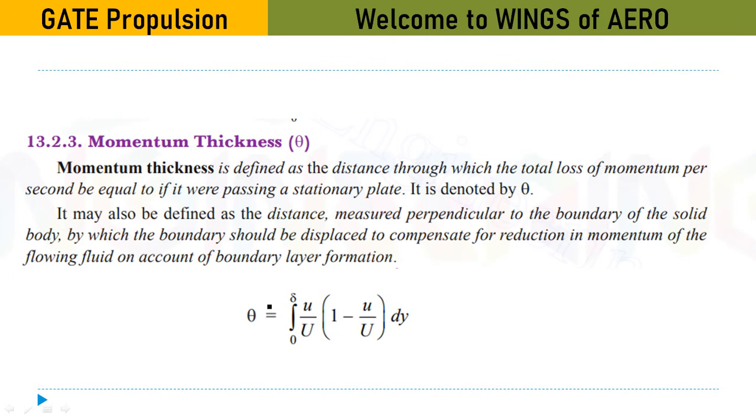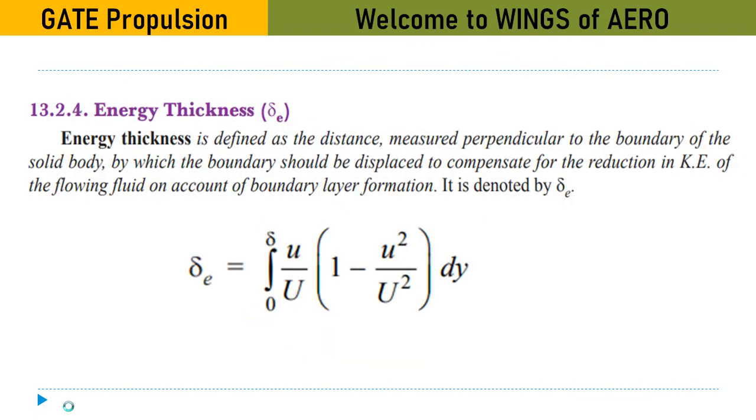Energy thickness is del suffix e equals integral 0 to del of u by u infinity times 1 minus small u square by capital U infinity square. So please mention that U infinity, to avoid the confusion. So here the formula is slightly different.